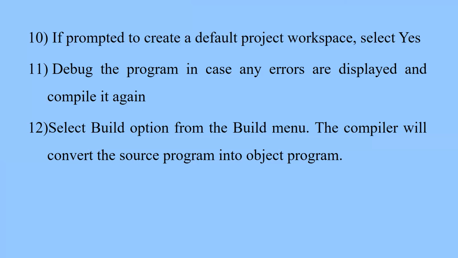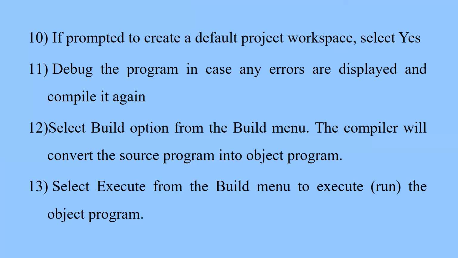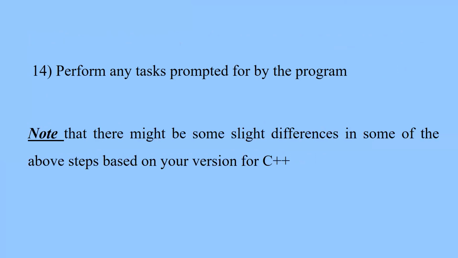The compiler will convert the source program into object program. Select Execute from the menu below to execute or run the object program. Then perform any tasks that you will be prompted for by the program.